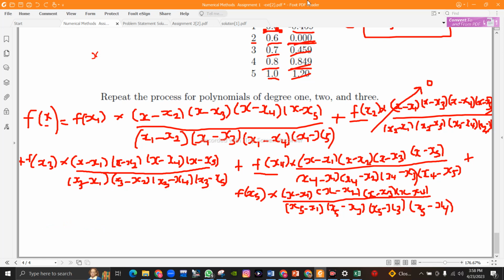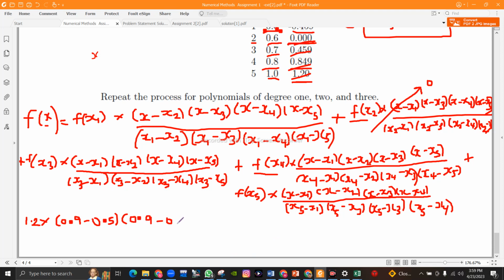So f of x5 is 1.2. So 1.2 times x minus x1. x is 0.9 and x1 is 0.5. Then x minus x2, which is 0.9 and x2 is 0.6.